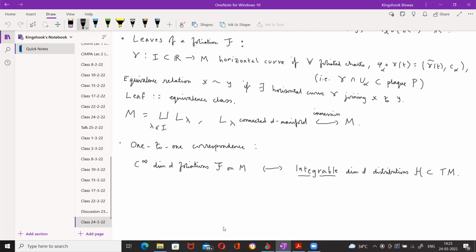So here's one simple example of foliations and therefore integrable distributions. So if f from M to N is a submersion, that means that df_p is surjective for all p.